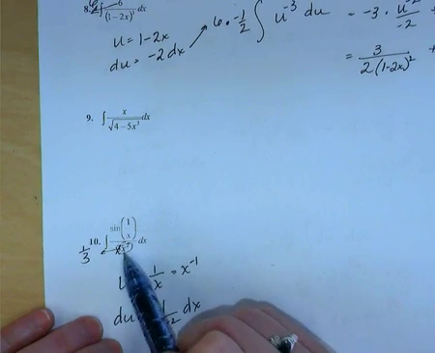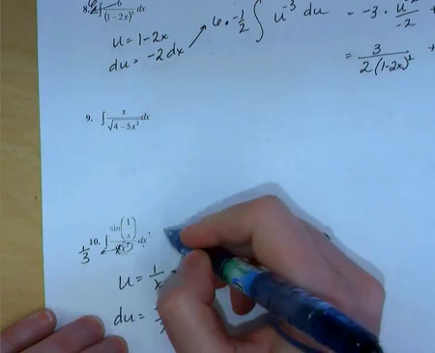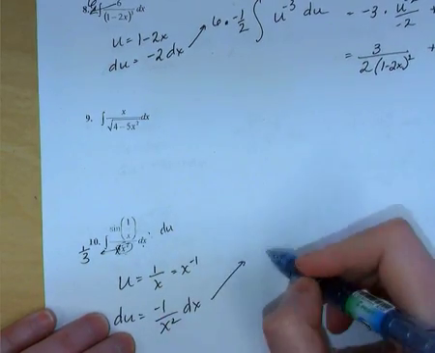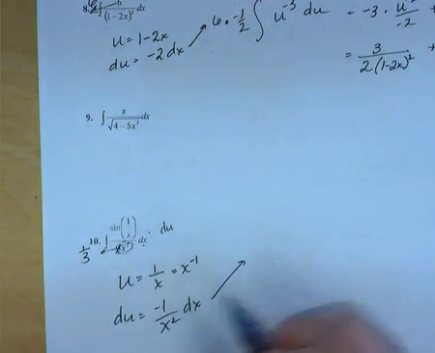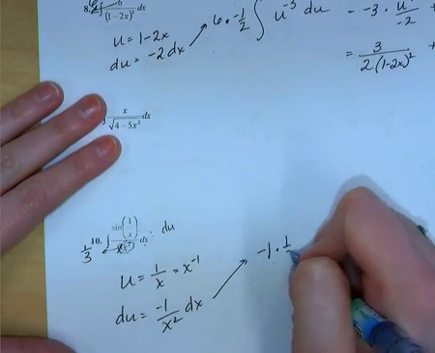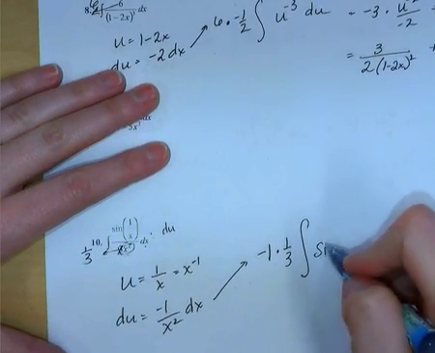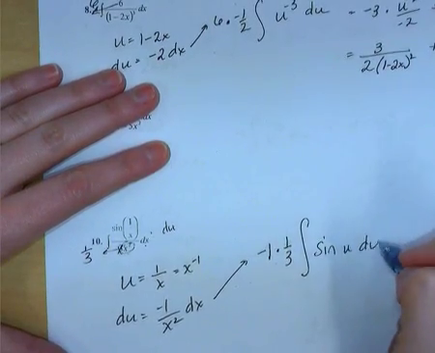Yes, you do. So this x squared in the denominator and the dx, all of that turns into my du. So when I rewrite this, I need to compensate with the negative 1 out in front, times 1/3, the constant that I pulled out in front. Integral sine u du.